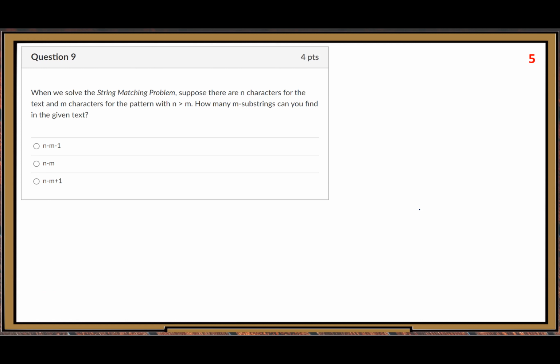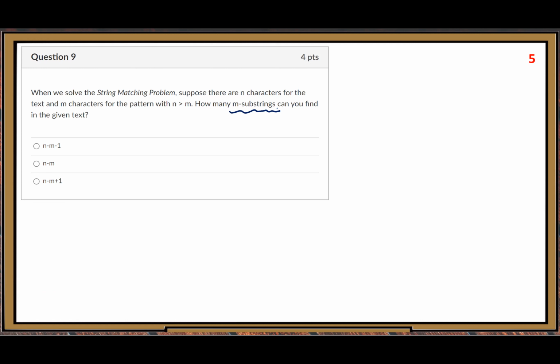First, you need to be familiar with the string matching problem and the terminology we used, and the representation we used there, so you can understand. So the question here: we need to count the number of matching substrings, and the formula is given in our notes, so you can find it easily.